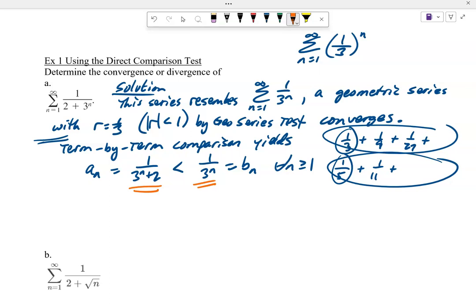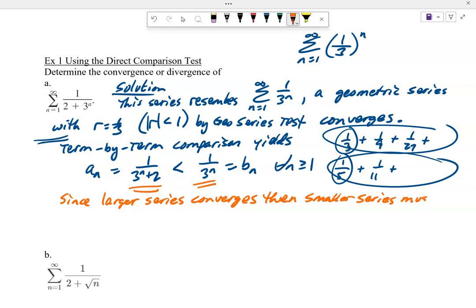And so we can conclude, since the larger series converges by the geometric series test, then the smaller series must converge.